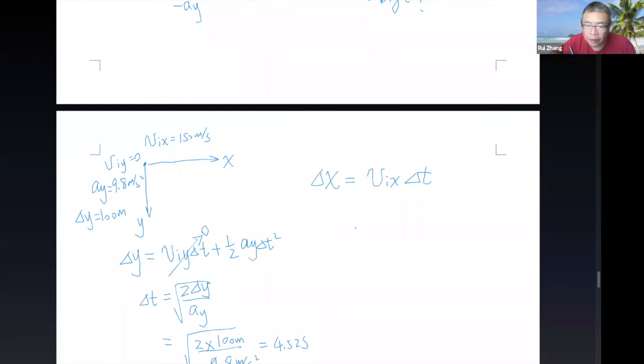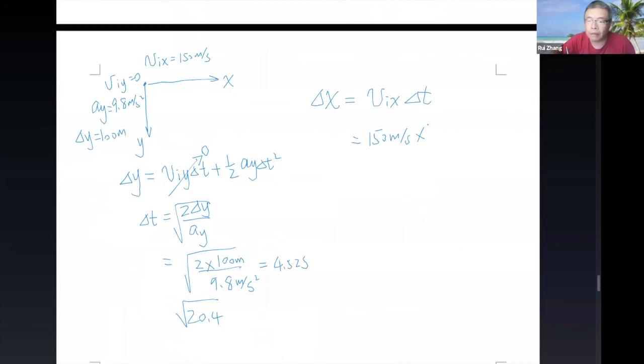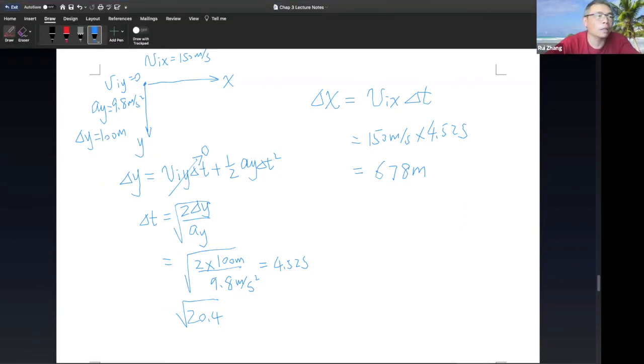So you have 150 meters per second times 4.52 seconds, so you get something like 678 meters, 678 meters. Yeah, that's correct.